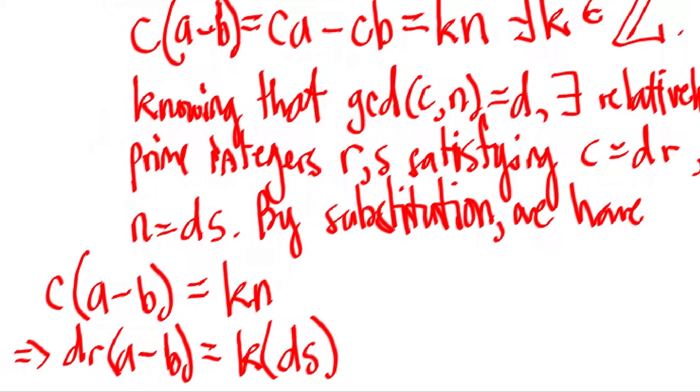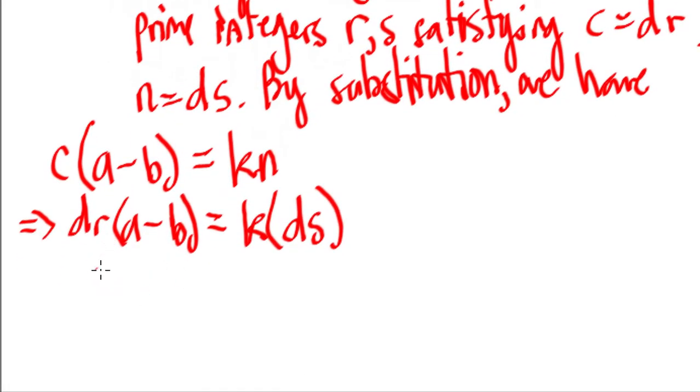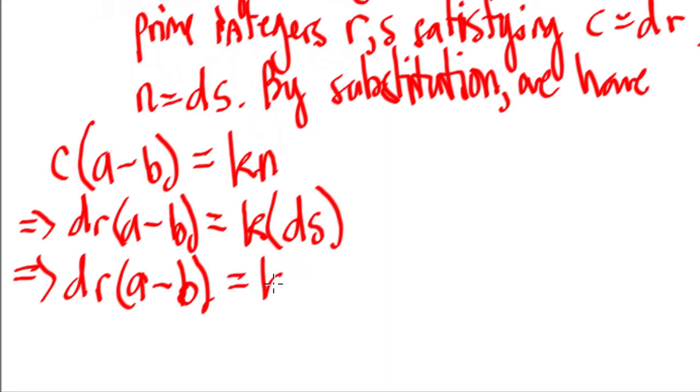And then let's try to simplify this. This will give us dr times (A minus B) is equal to kds. Notice in our left-hand side and the right-hand side, what we can do is cancel the d.